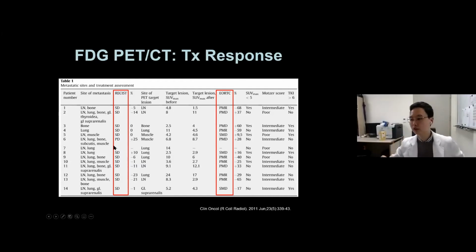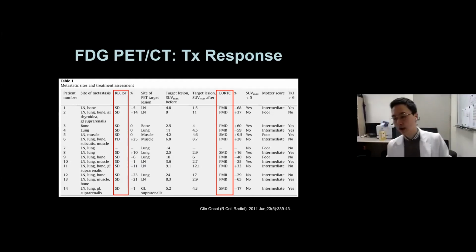So using our metabolic criteria, we found more patients who actually had metabolically progressive disease after the therapy.